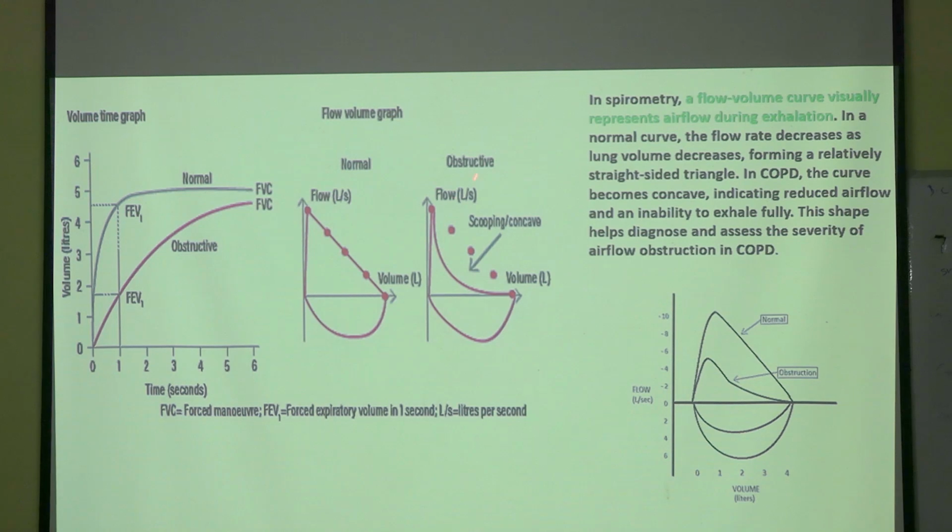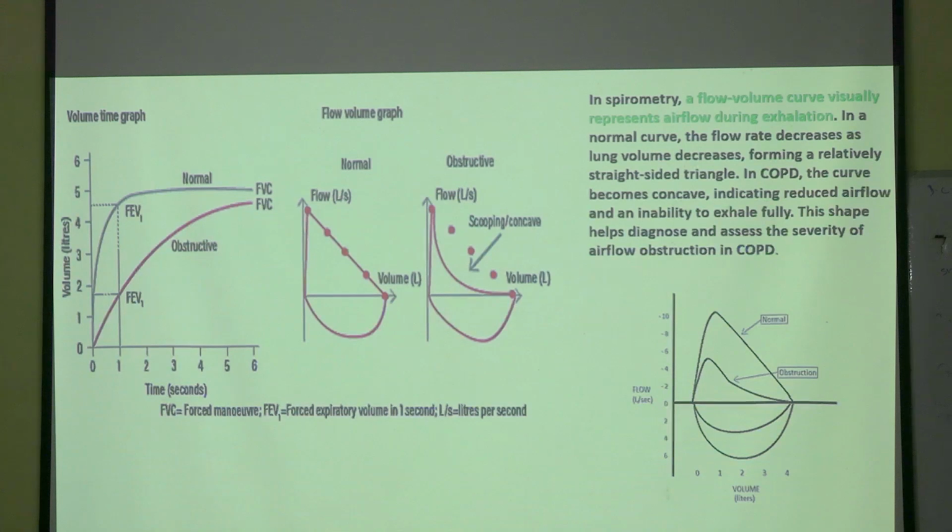But if you see the pattern of the flow volume loop of an obstructive subject, there is a concave shape or scooping. It means the flow during expiration is less than the flow during expiration for healthy subjects, right?